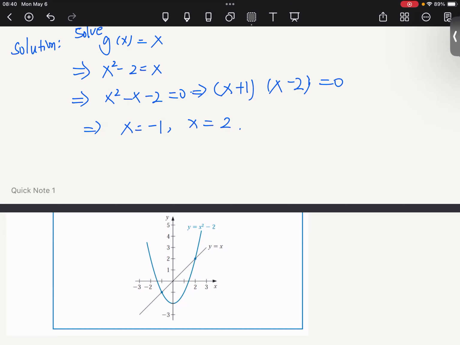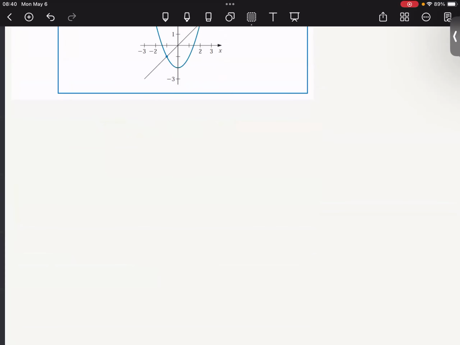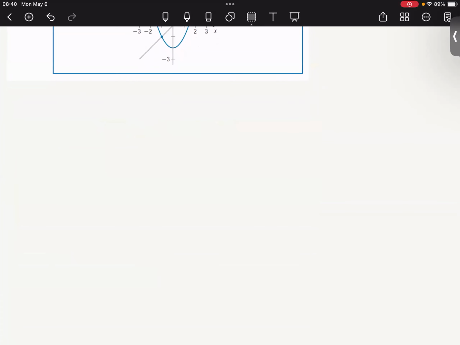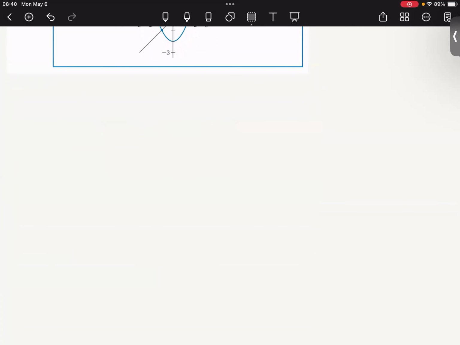And now I'm going to give you the statement of the fixed point method. The proof of this theorem is pretty much the same as in the last quarter's take-home final exam.